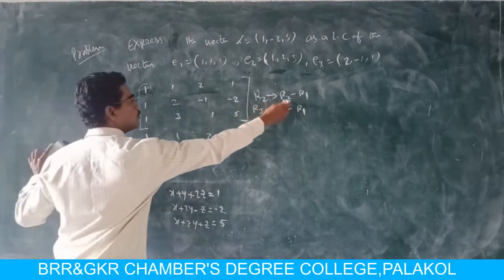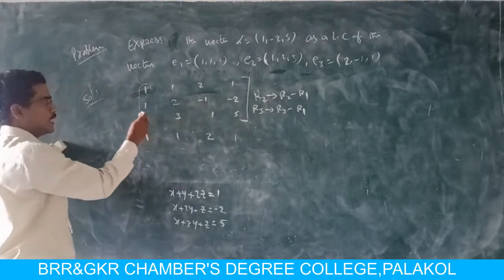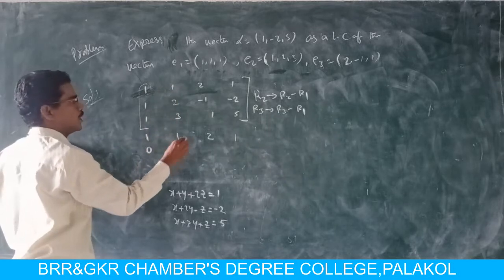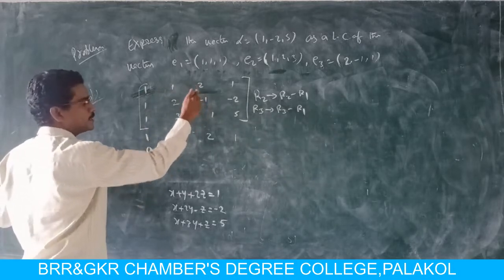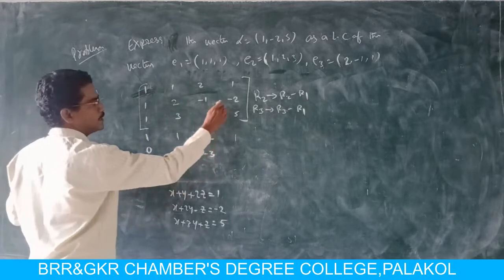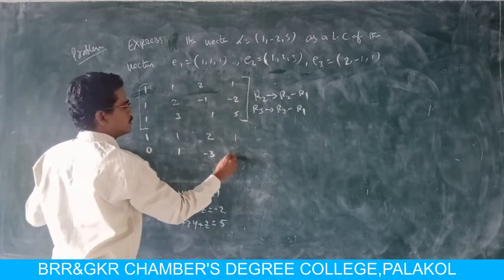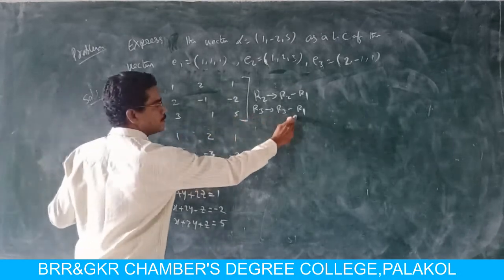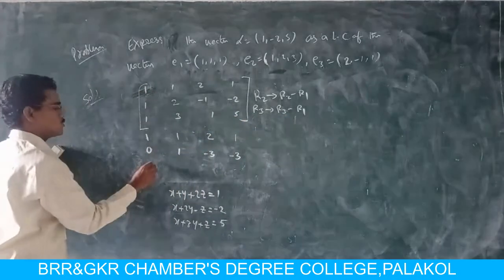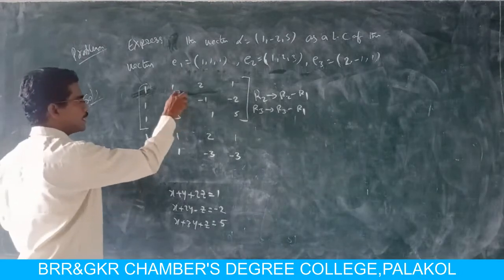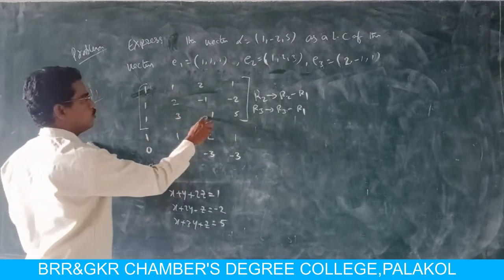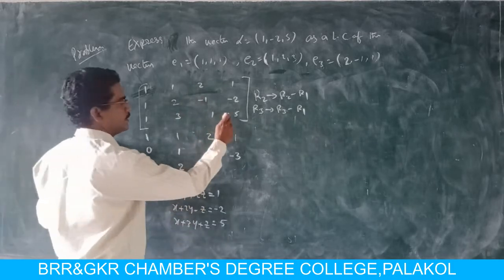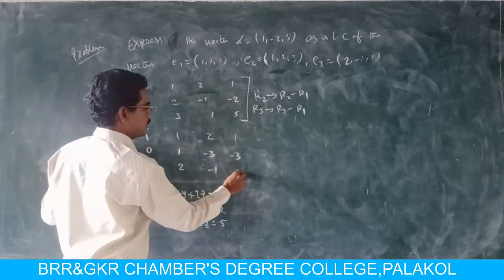Now applying R2 minus R1: 1 minus 1, 0; 2 minus 1, 1; minus 1 minus 2, that means minus 3; minus 2 minus 1, that means minus 3. Next, R3 tends to R3 minus R1: 1 minus 1, 0; 3 minus 1, that means 2; 1 minus 2, that means minus 1; 5 minus 1, that means 4.